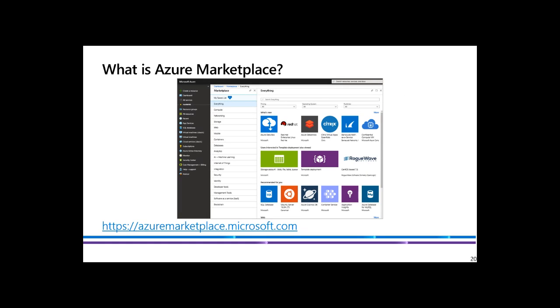So this is a picture of what the Azure Marketplace looks like. All these solutions and services are certified to run on Azure. So you can see a lot of famous companies give their services through Azure.